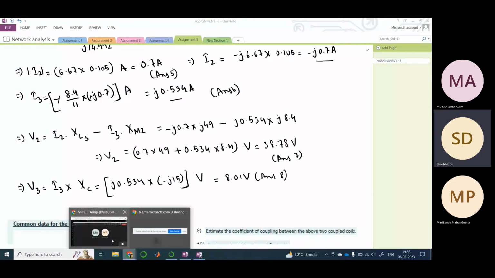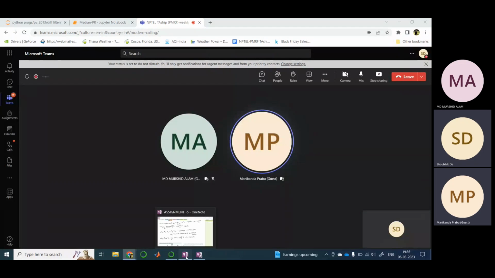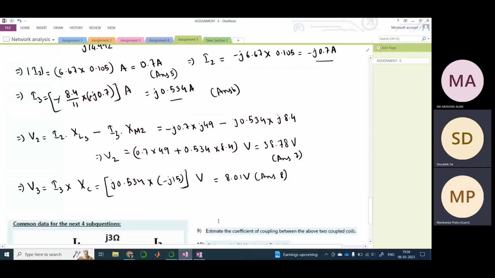So Manikananda, do you have any doubt in question 2? Sir, yes sir. With respect to question 2, sir, I'm having a doubt in the previous question. If time permits, can you please explain that first, sir?